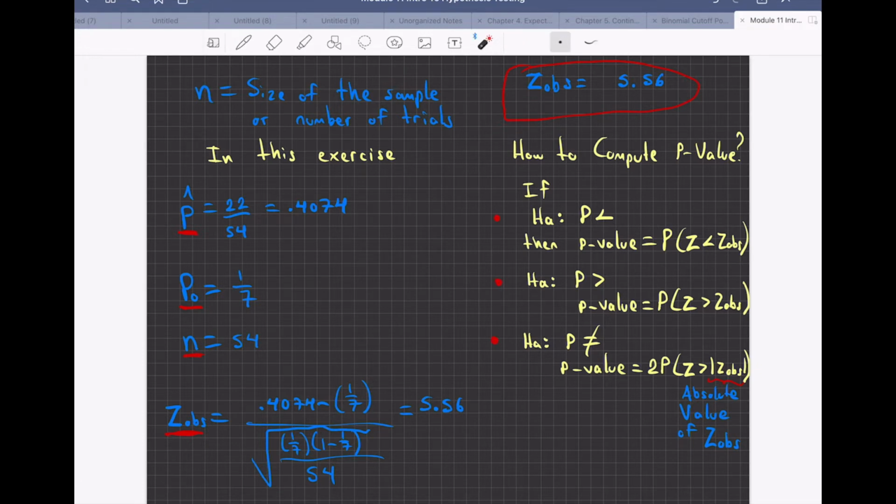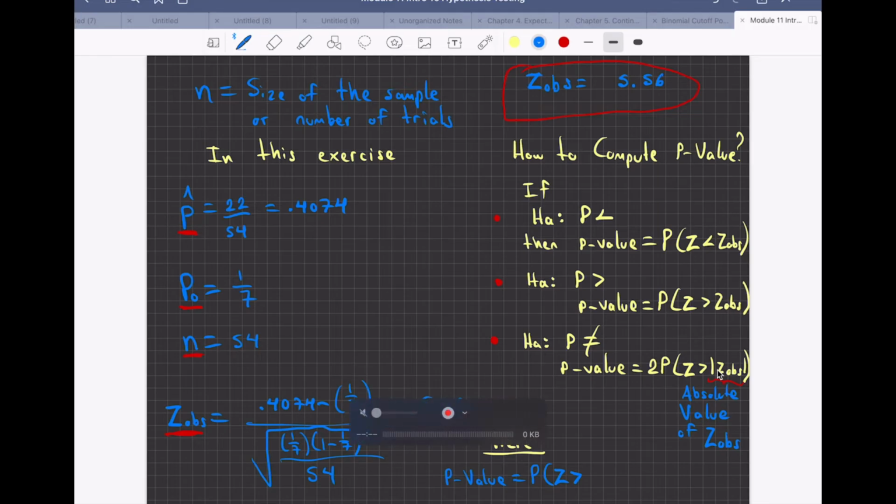It falls on this case, p greater, so the p-value is the probability that C is greater than C observed. What is the value for C observed? Our statistic is 5.56.